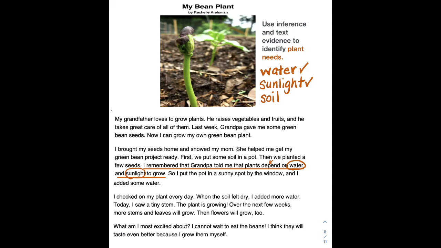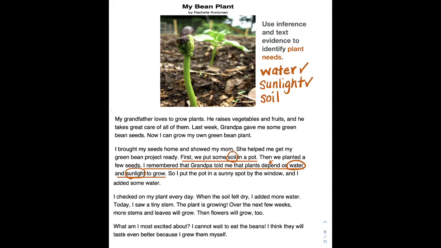How about soil? How do we know that soil is something that plants need to grow? Soil. Do you see anything? Oh, yeah, you're right. Soil. First, we had to put some soil in the pot. Right there it is.